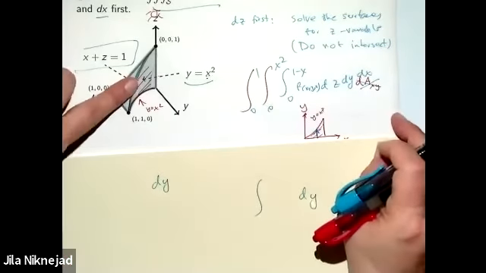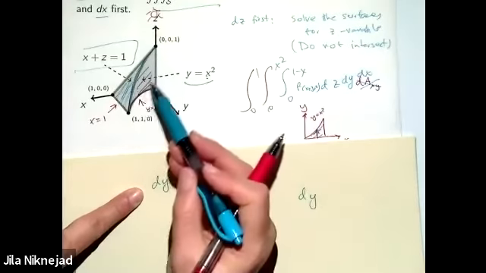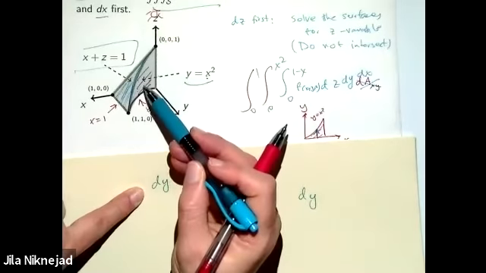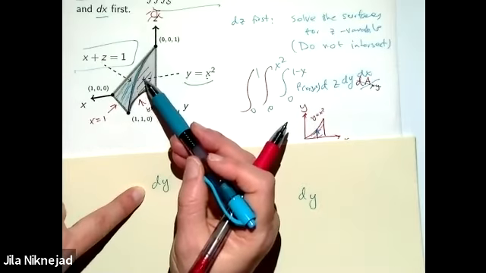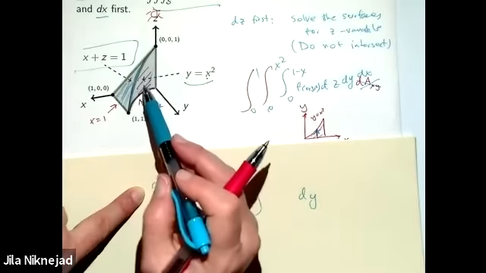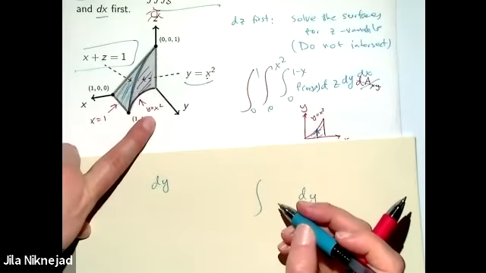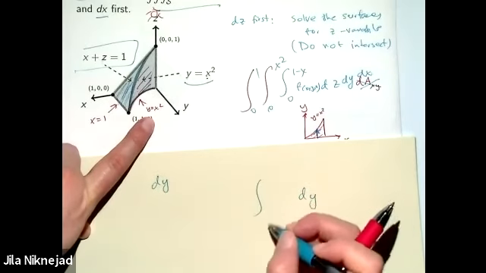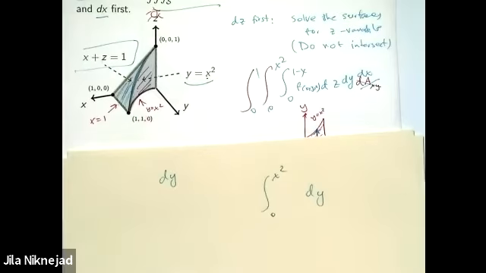So solving for y, I can see that in the y direction, this wall is a bound. It's something that restricts y. It starts from 0 and goes to that wall. It's solved in terms of y, so I put in 0 to x squared for y.